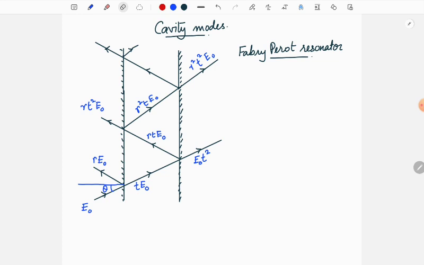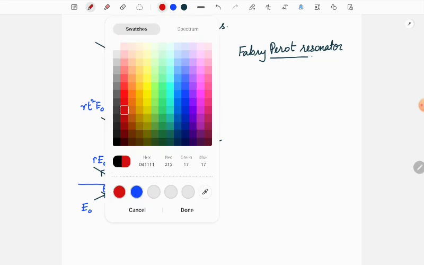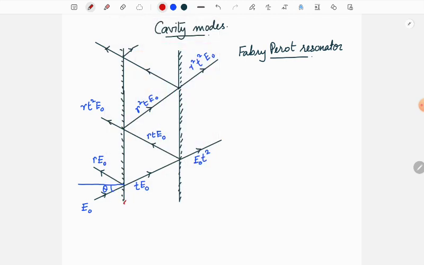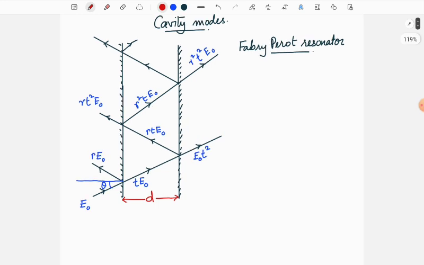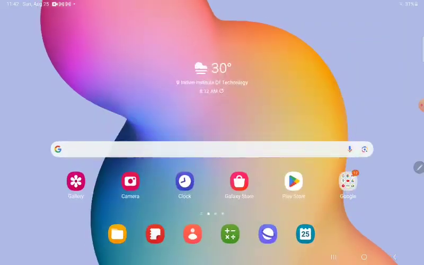Fine, but there is also the phase factor. Of course there is a path difference between these two, and these are coherent beams, so there should be some interference. Whether it will be interfering constructively or destructively depends on the rest of the parameters here. Let's say the distance between the two reflectors is d, so what should be the path difference? We have air everywhere.